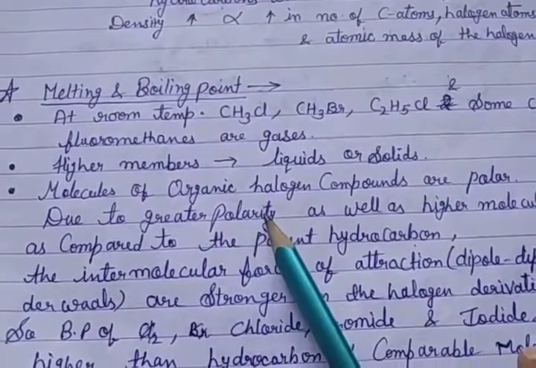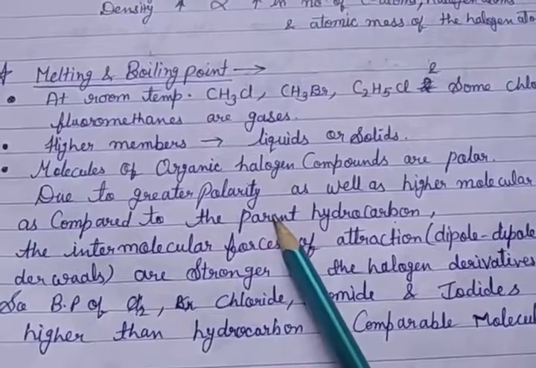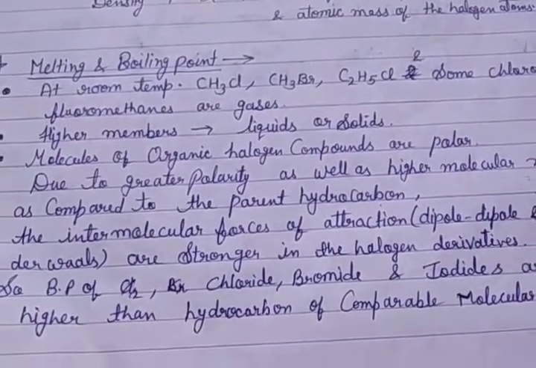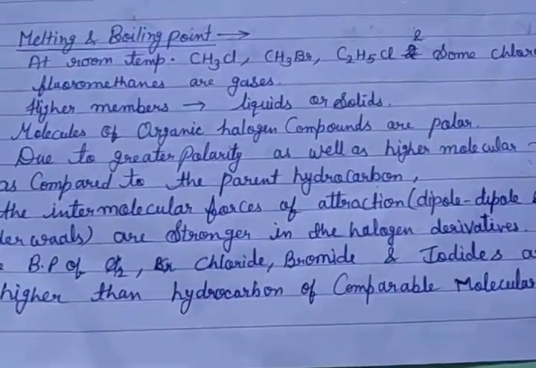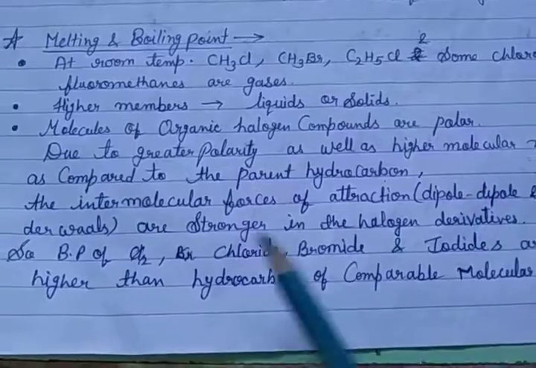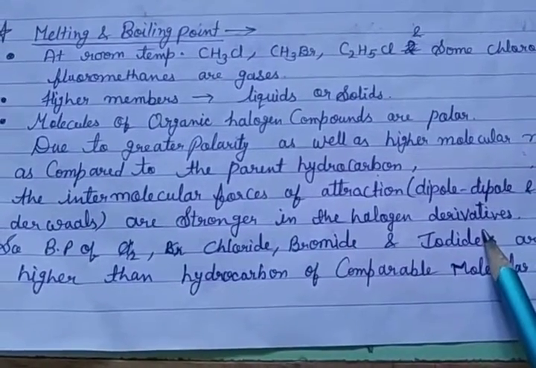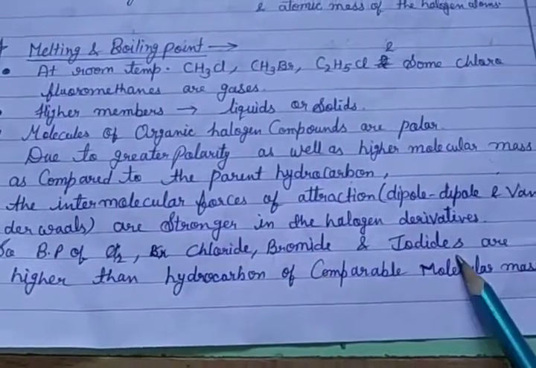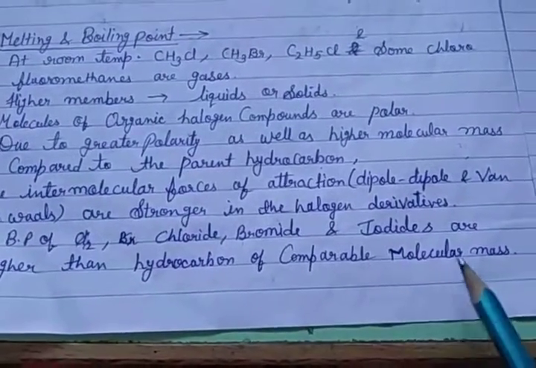Molecules of organic halogen compounds are polar, with greater polarity as well as higher molecular mass compared to the parent hydrocarbon. The intermolecular forces of attraction, dipole-dipole and van der Waals forces, are stronger in the halogen derivatives. So the boiling points of chlorides, bromides and iodides are higher than hydrocarbons of comparable molecular mass.